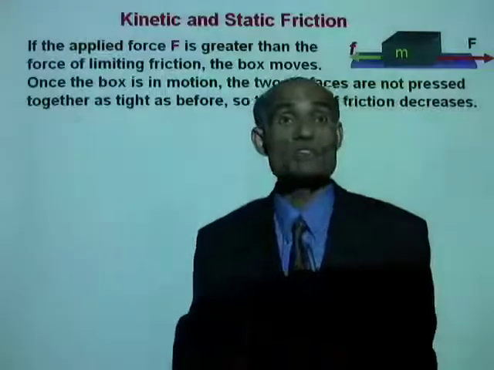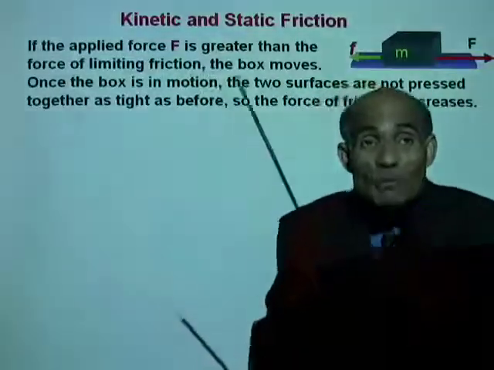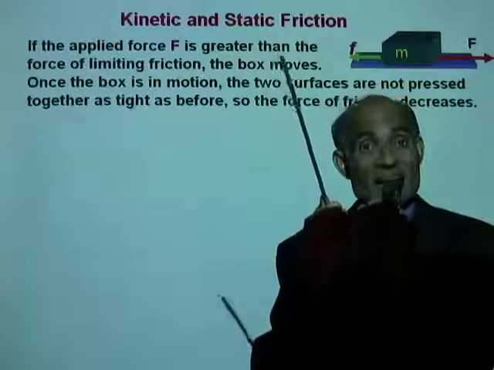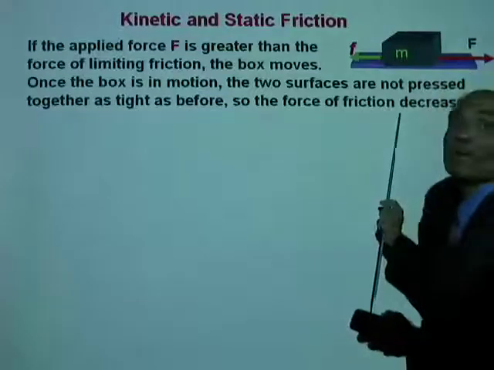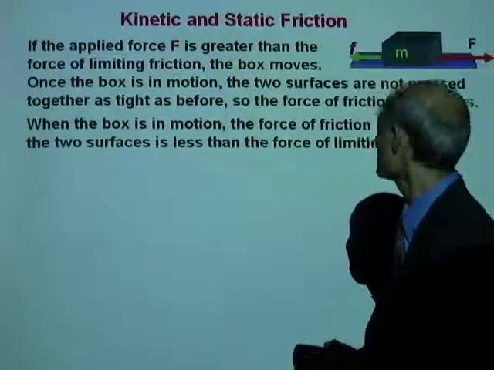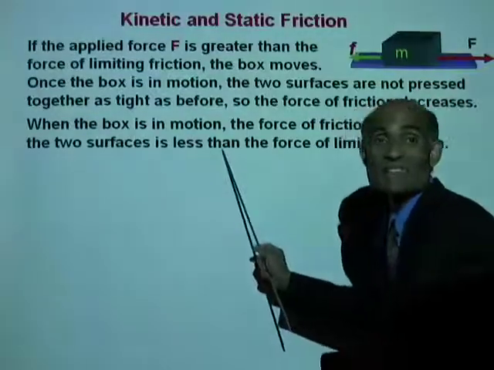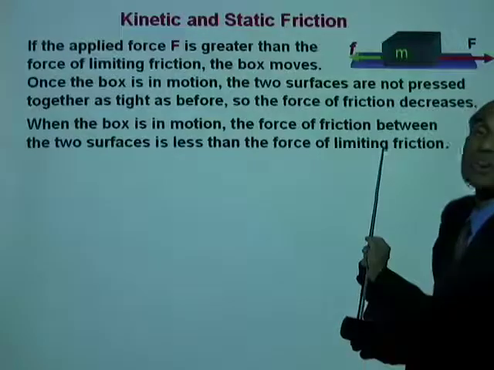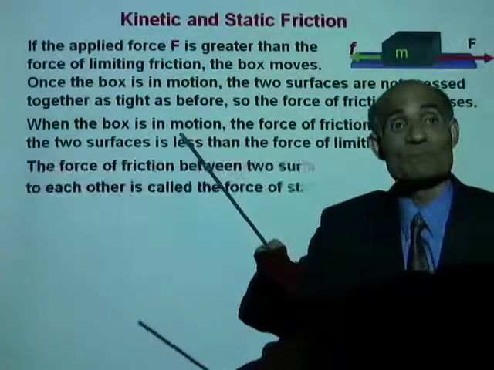Once the box is in motion, the two surfaces are no longer pressing together as tight as before, so the force of friction therefore decreases. When the box is in motion, the force of friction between the two surfaces is less than the force of limiting friction before they started moving.